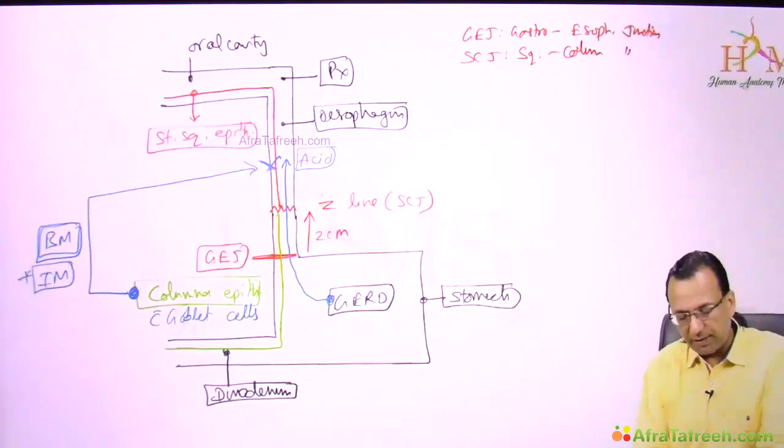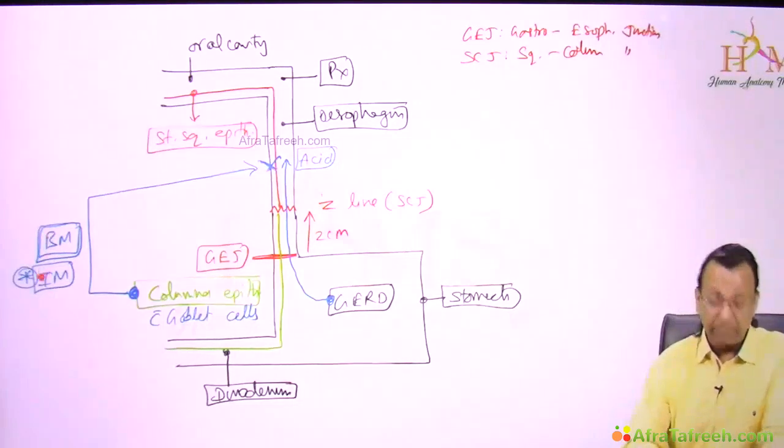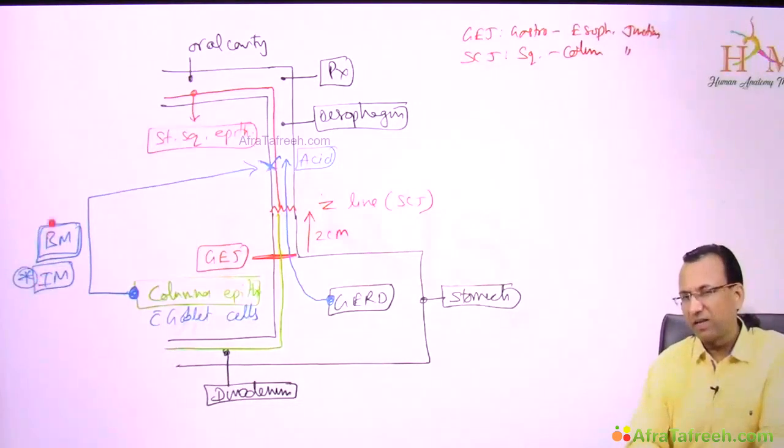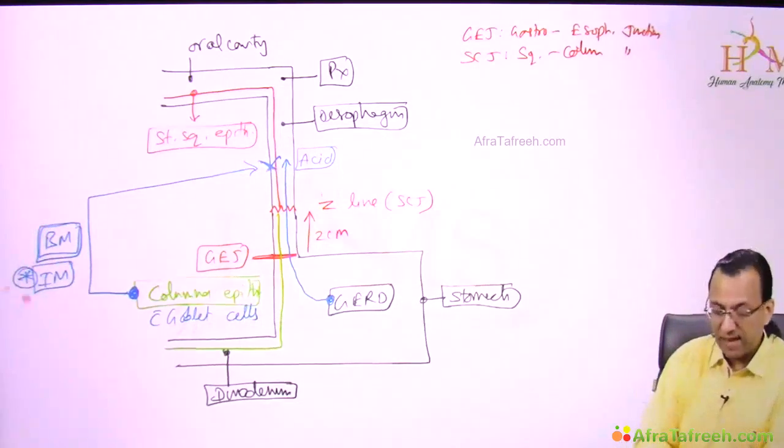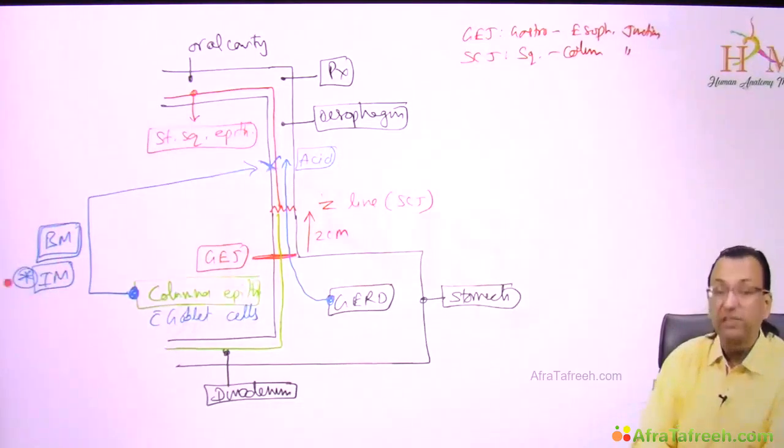Why will you call Barrett's metaplasia intestinal metaplasia? Because in the intestine I find the same epithelium, columnar with goblet cells. But it is a misnomer, as written by Robbins Pathology.